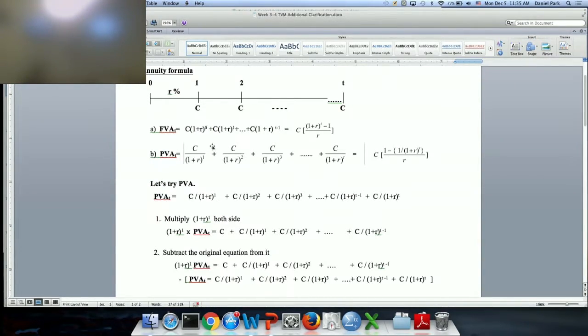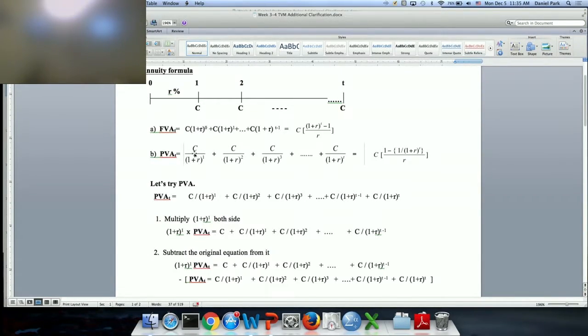This is an MS Word equation, so I can't get in there. But look here, we multiply by 1 plus R. That means 1 plus R in the numerator and 1 plus R in the denominator, those two will be cancelled out. Hopefully you can see.